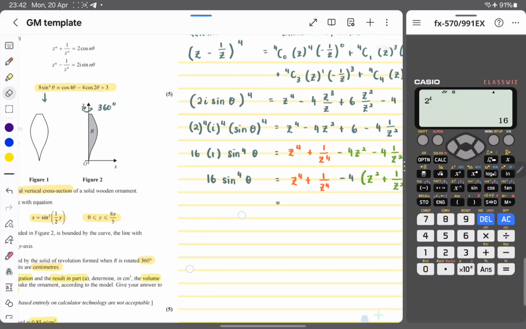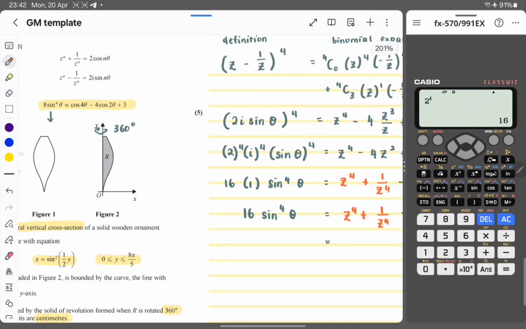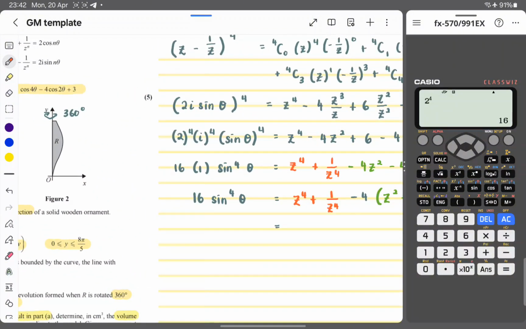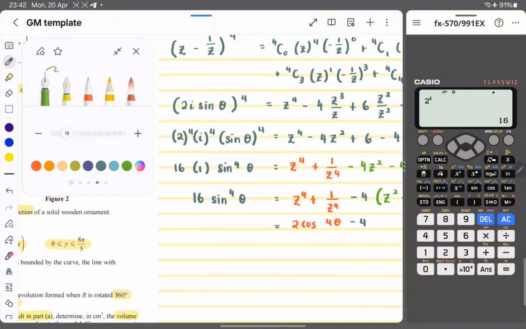So we know that when it is z to the power of n, that would be equal to 2 cos n theta. In this case, your n is 4. So we will get 2 cos 4 theta minus 4, and then bracket.